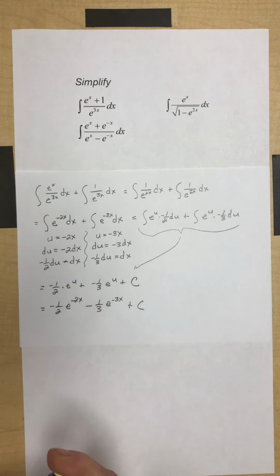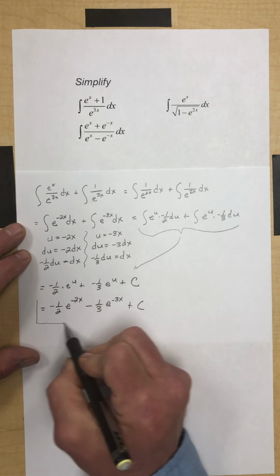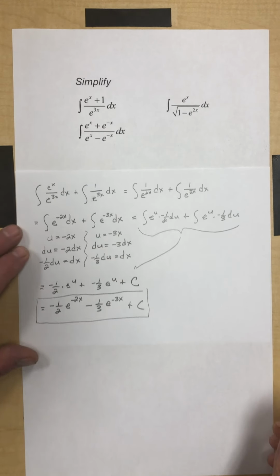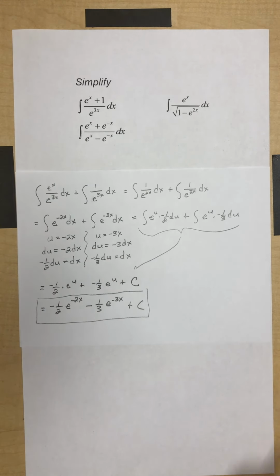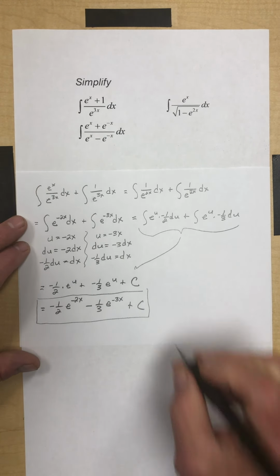Now, I would imagine there would be some people that would say that is an okay answer, and just leave it that way. But of course, I don't really like those negative exponents, so I would probably get rid of them.